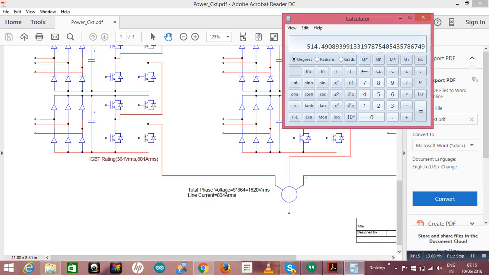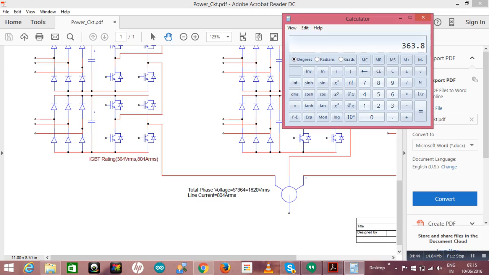That is my DC. Again in RMS, if you divide by √2, it will come 363. That's why I have written each IGBT rating should be 364 RMS, and my line current is 804 amps.